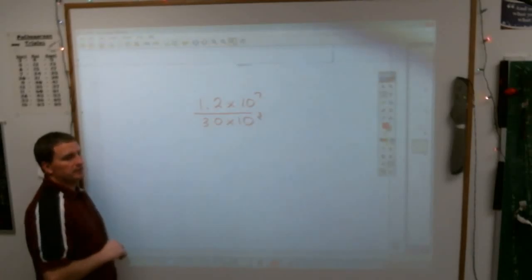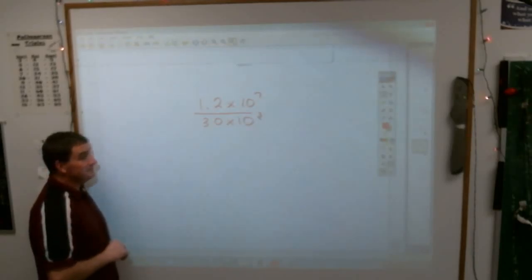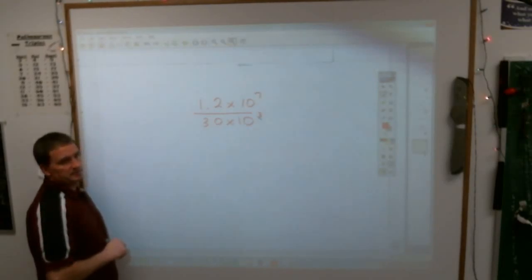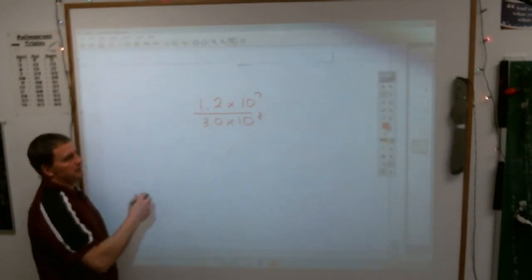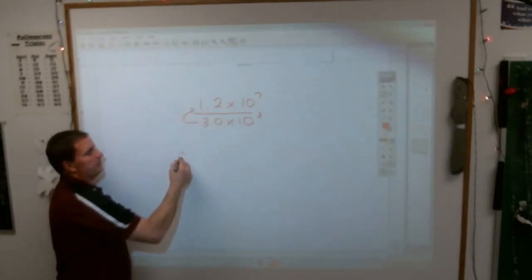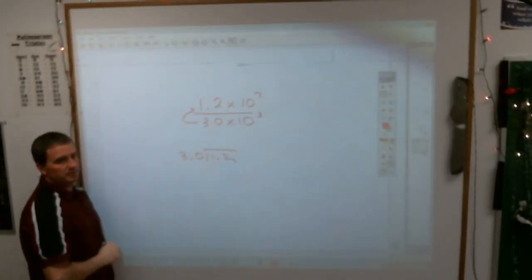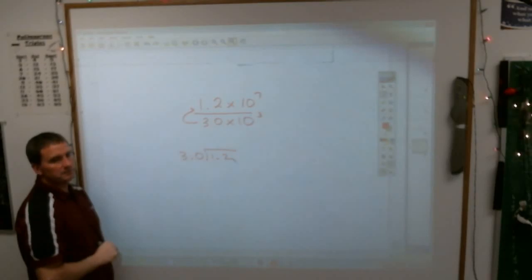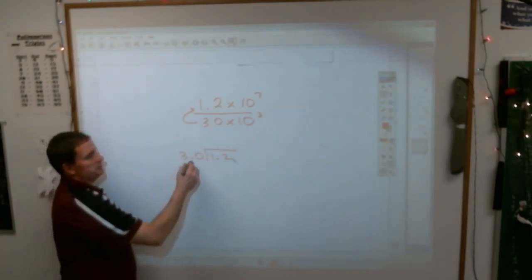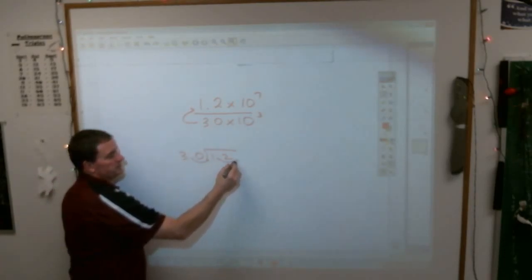Everybody feel relatively confident with their answer? Cameron, what do you say? 2.5 times 10 to the 4th. 2.5? You divide 3.0 into 1.2. It's always bottom into the top. Which means you'd have to move the decimal.